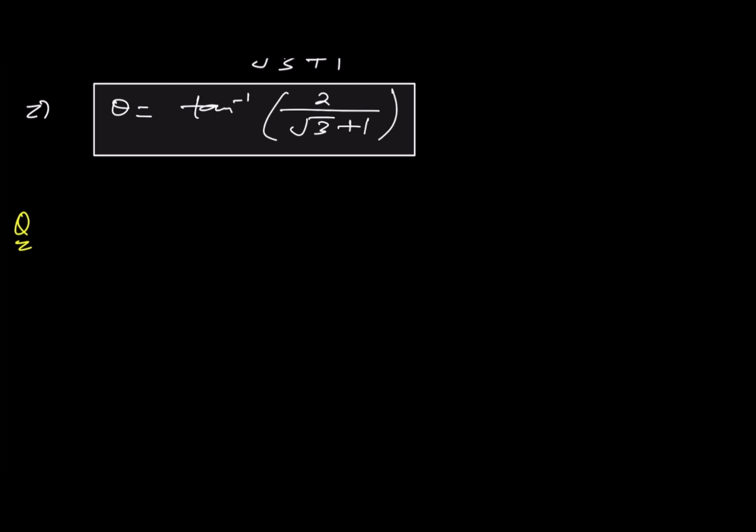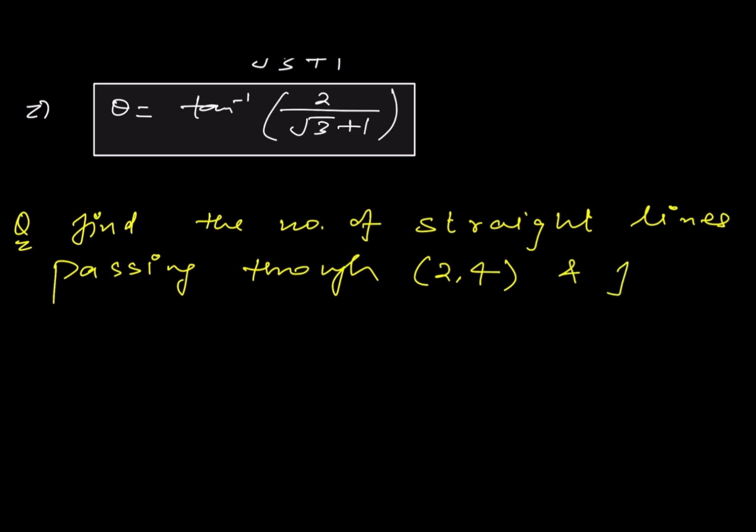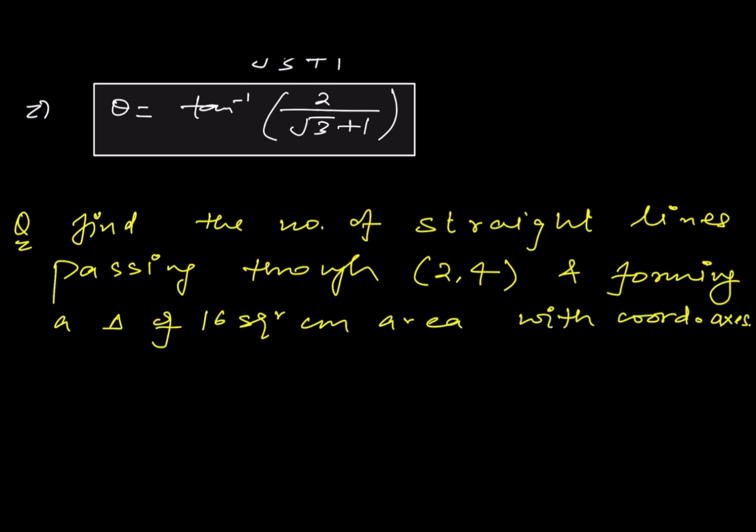Question is, find the number of straight lines passing through 2, 4 and forming a triangle of 16 square centimeter area with the coordinate axes.